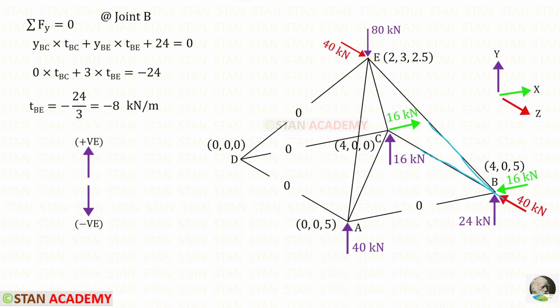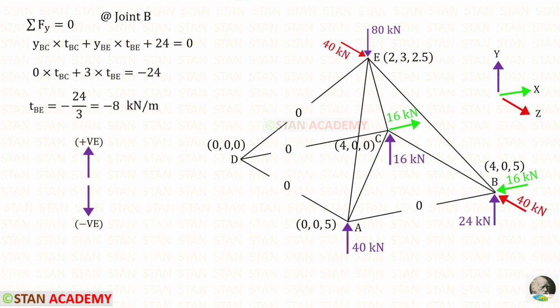There is a reaction in the y direction, 24 kilonewton. It is acting upwards, so it will be positive. TBE is acting upwards, so this term will be positive. For the term BC, there is no vertical distance. So for this term, either we can apply positive or negative. Anyway, it is going to be 0.